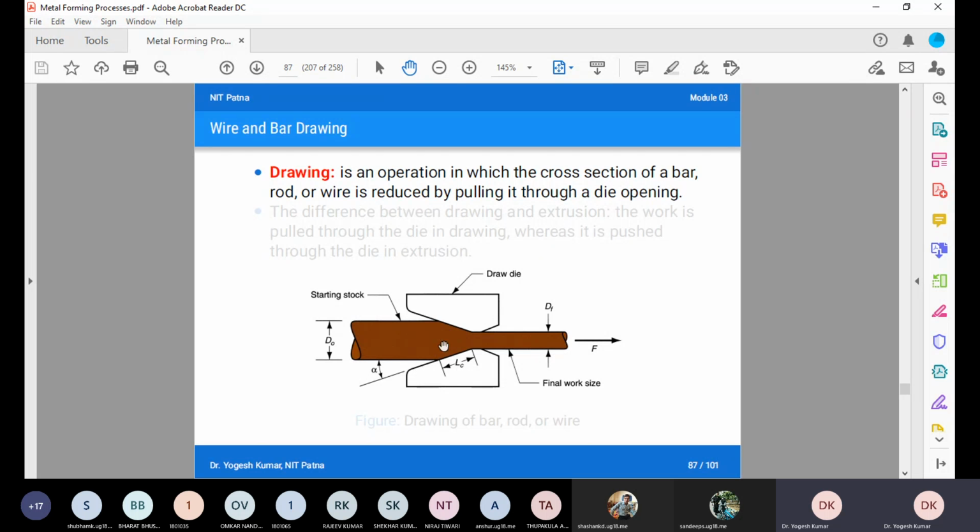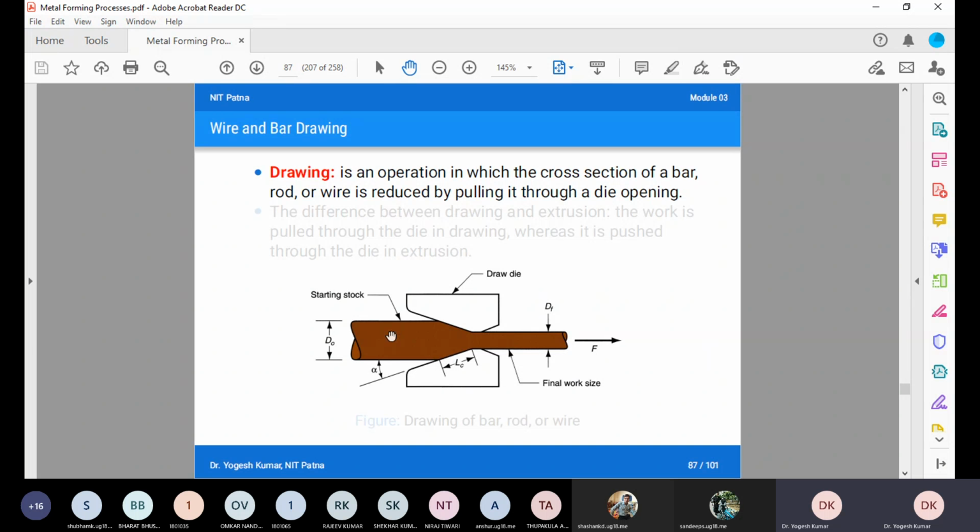Under drawing, suppose we are pulling this end. If we pull this end, some tensile force will be generated in this portion. Due to this tensile force, it will try to pull the work billet which is on the left hand side of your die.